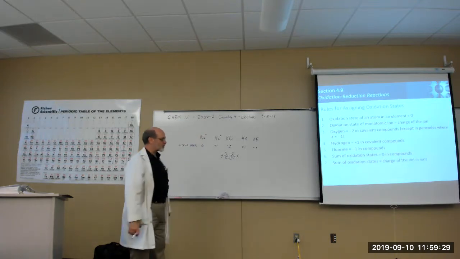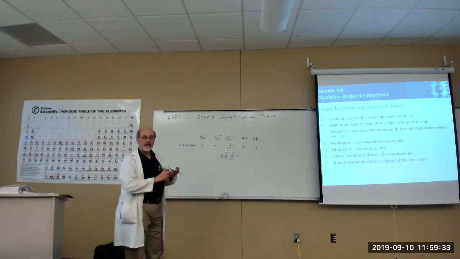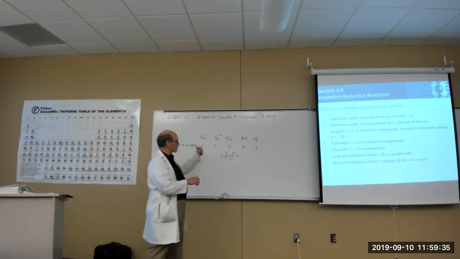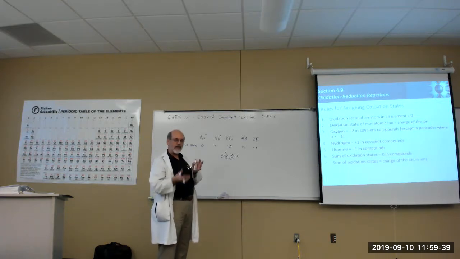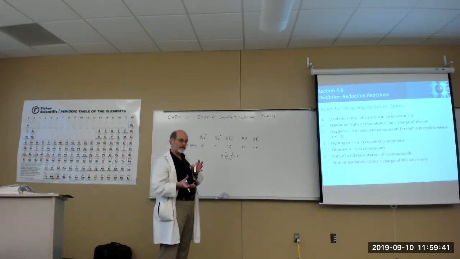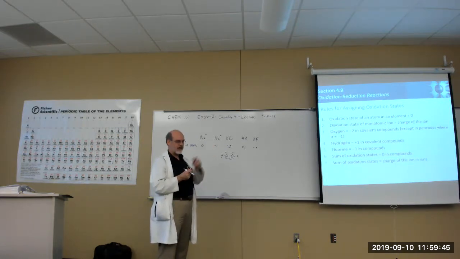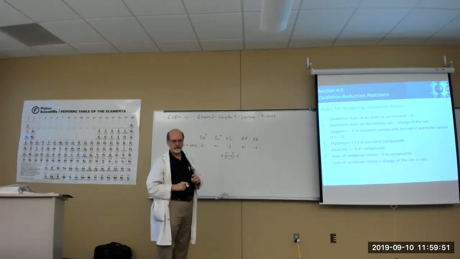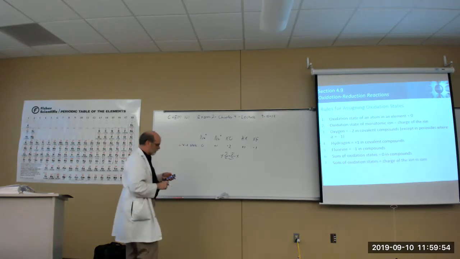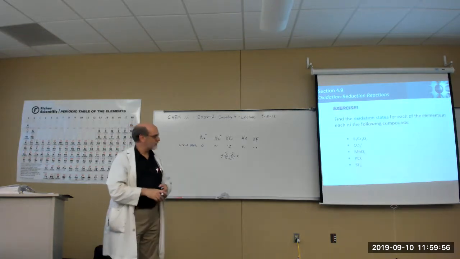If you have a charged polyatomic ion, then the summation of the oxidation states has to equal the charge on the ion. So if you have nitrate, NO3, everything has to add up to a -1. Whatever nitrogen happens to be, whatever oxygen has to be, 3 times, add them together is -1. Those are the rules for oxidation state.